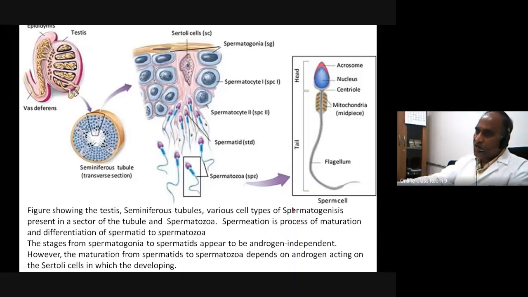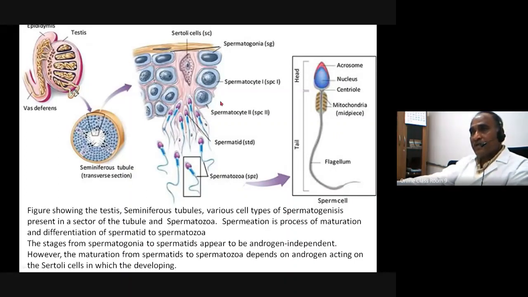The process of forming the spermatozoa from the spermatogonia is spermatogenesis, and the differentiation from the spermatid to spermatozoa is spermiation. It is a process of maturation and differentiation of the spermatid to spermatozoa. The stages from spermatogonia to spermatid appear to be androgen independent.